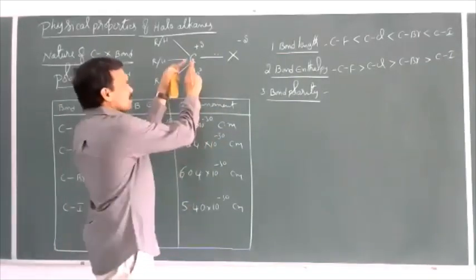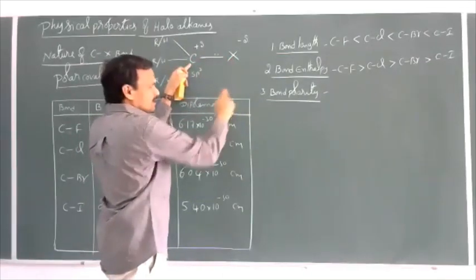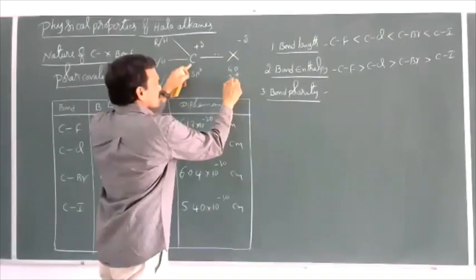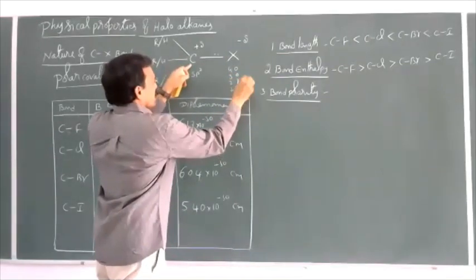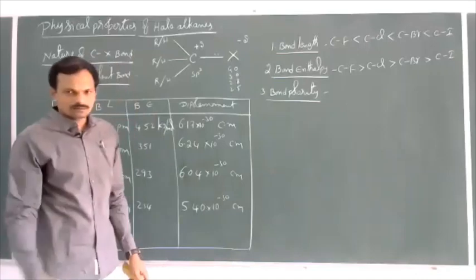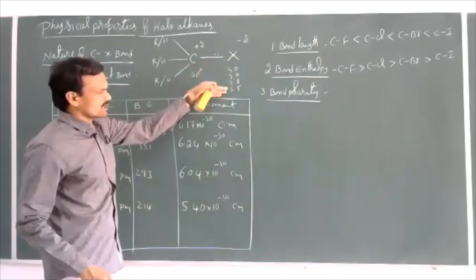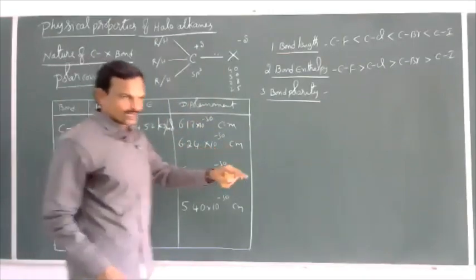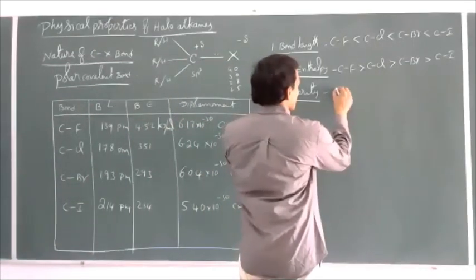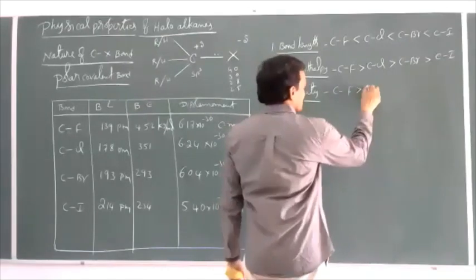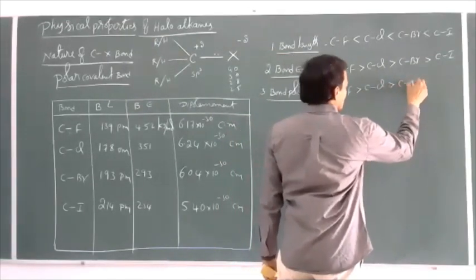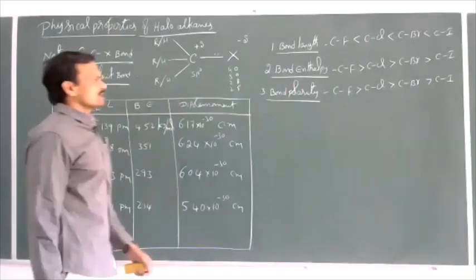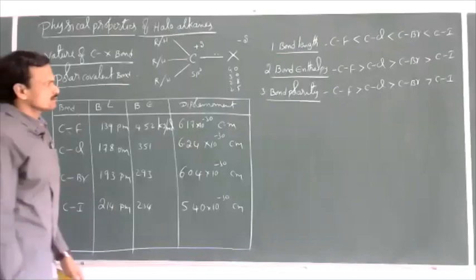Since carbon is the same, from fluorine to iodine, fluorine value 4.0, chlorine 3.0, bromine 2.8, and iodine approximately 2.5, the electronegativity decreases gradually. As electronegativity decreases, bond polarity also decreases. So the order of bond polarity is C-F is greater than C-Cl is greater than C-Br is greater than C-I.